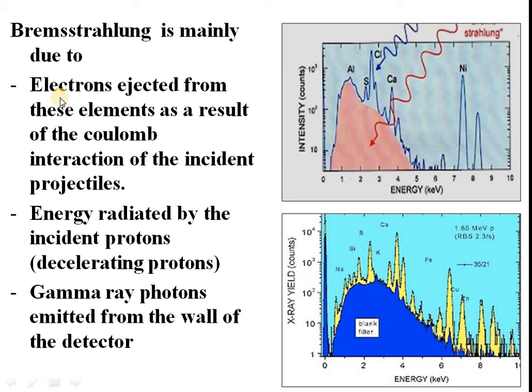Summing up these three factors, we count this as the Bremsstrahlung signal. Here the red patch is a Bremsstrahlung signal. Its contribution comes from all three factors. Here, as far as this spectrum is concerned, this blue patch is contributed by the Bremsstrahlung, and the inner mechanisms are these three.